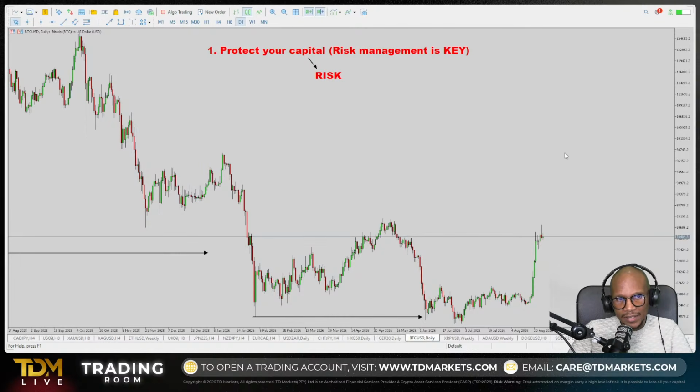Your analysis can line up. You can find a setup where your analysis lines up, where your confluences line up, where everything lines up, but you still lose that trade. It happens. Why? Because of probabilities.